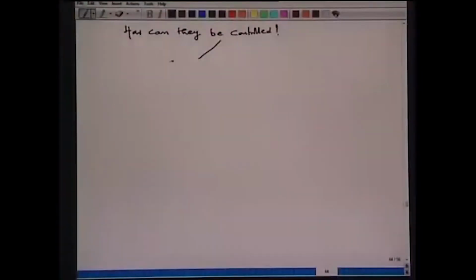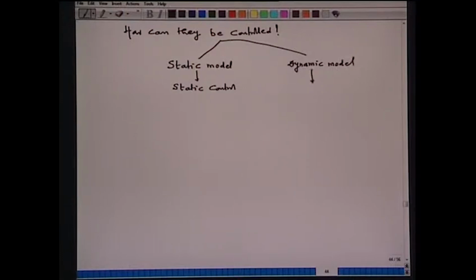They are controlled by developing a static model, and a control based on the static model is called static control. Or they can be controlled by developing a dynamic model, and a control based on the use of a dynamic model is called dynamic control.